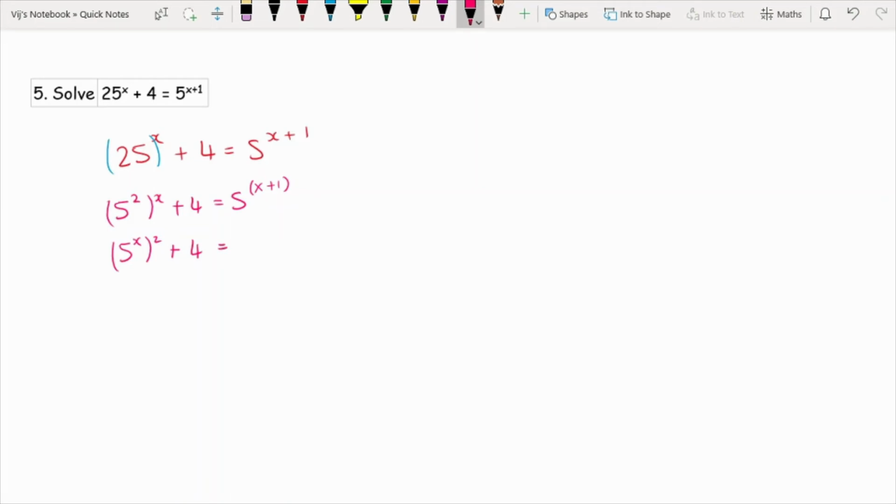And then, as we did in a previous example, I'm going to rewrite this as 5 to the x times 5 to the power of 1, like so.